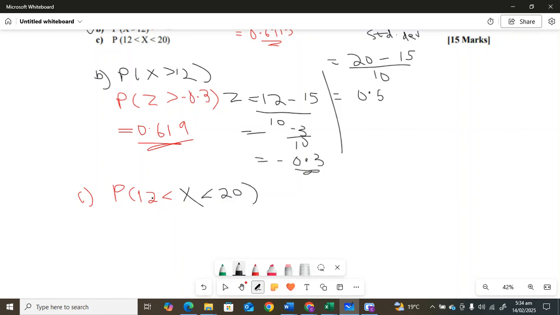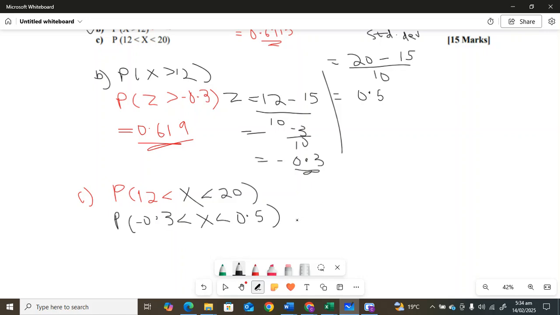So we standardize this. 12 is negative 0.3. 20 is 0.5.